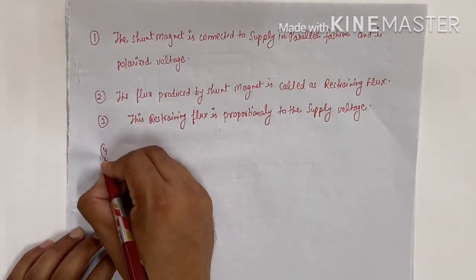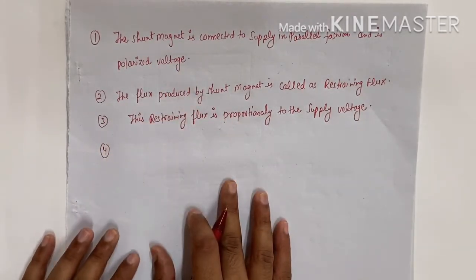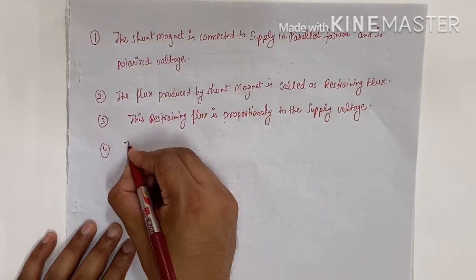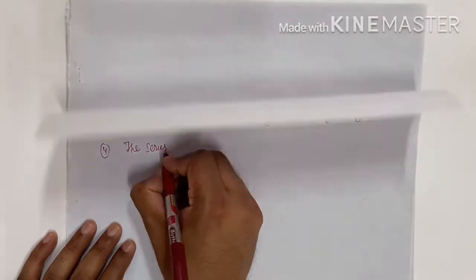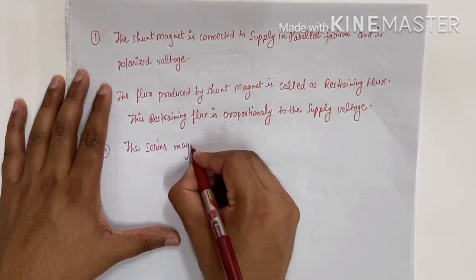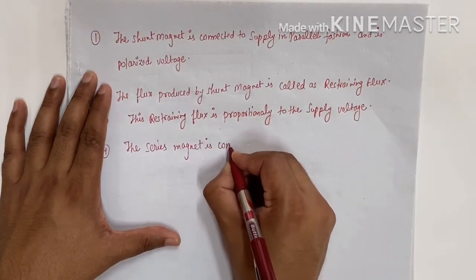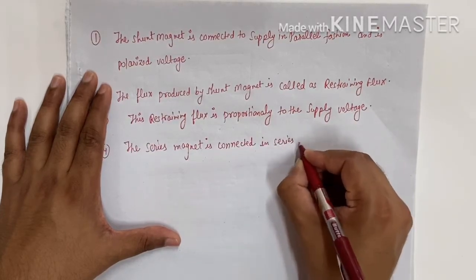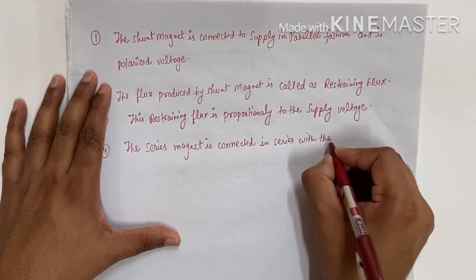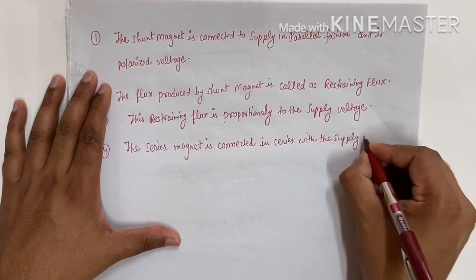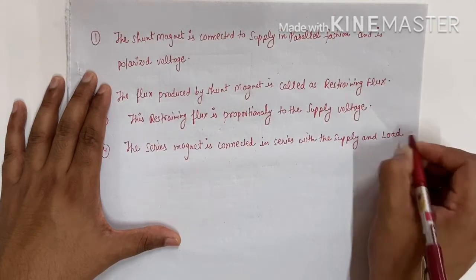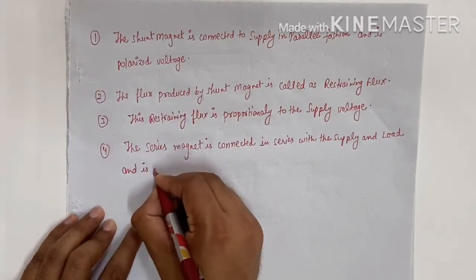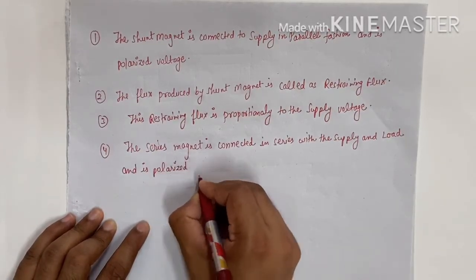Now see what is happening in the series magnet. The series magnet is connected in series with the supply and load, and is polarized by the current.